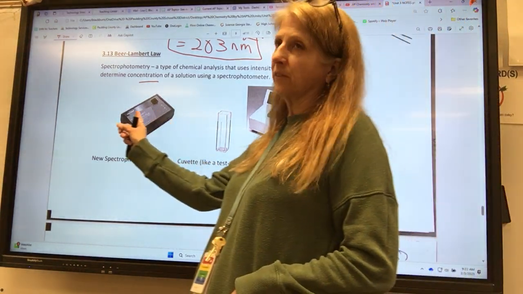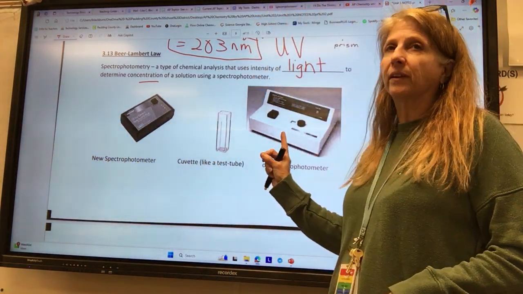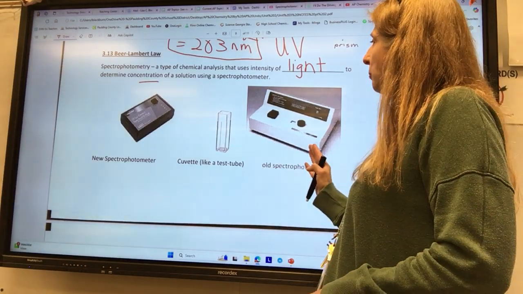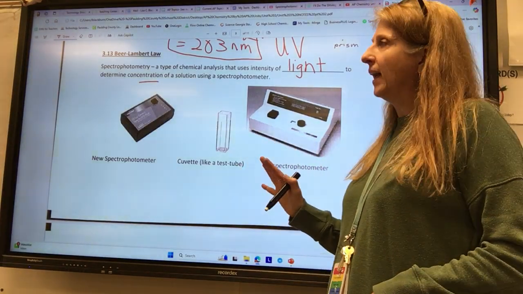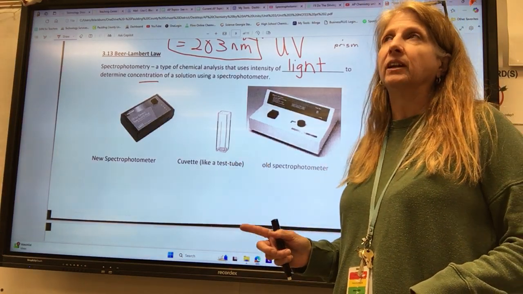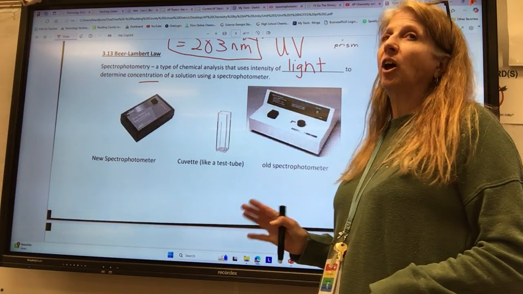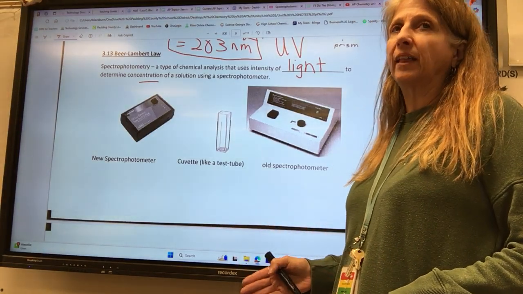This is what the new ones look like. At East, when I came here, we had one that looked like this. But I came here during COVID, and I got hired right before COVID to teach forensics and zoology, I think. And then COVID hit, and they eliminated that position.